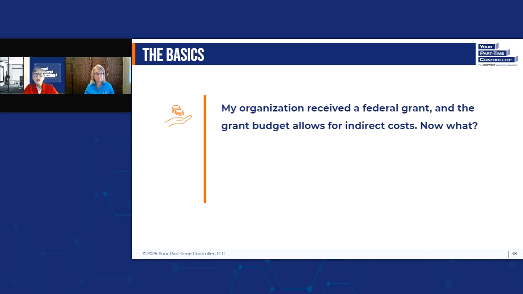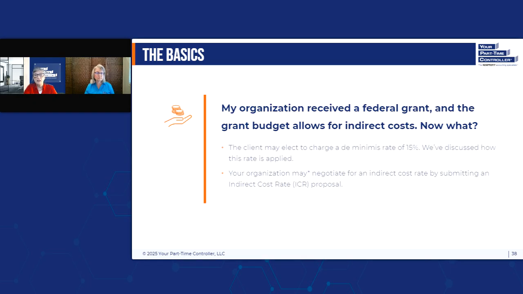So if my organization received a federal grant and the grant budget does allow for indirect costs, now what? You probably were able to use the de minimis rate in that preliminary approved budget. And if you ask for it, you may negotiate it for an indirect cost rate by submitting a proposal.